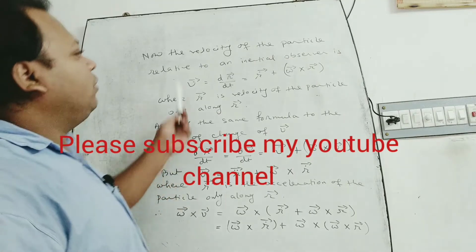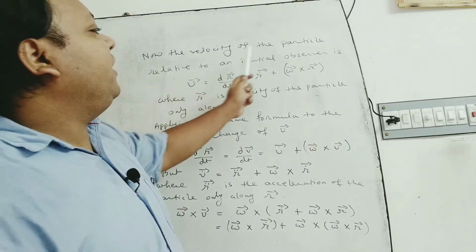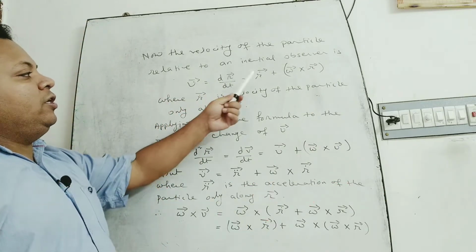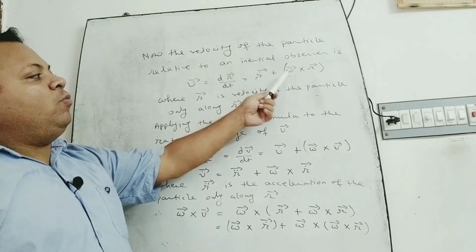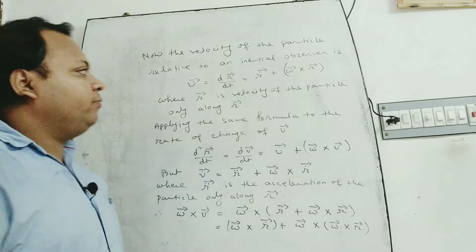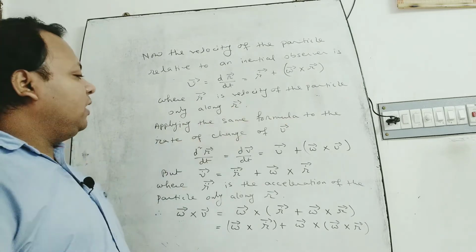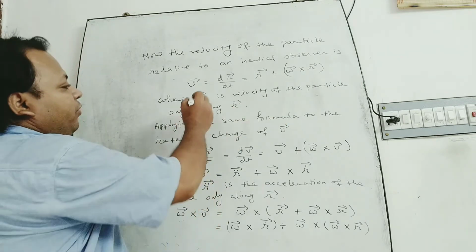Now, the velocity of the particle relative to an inertial observer is v vector equal to dr vector dt, which is equal to r dot vector plus omega vector cross r vector, where r dot vector is the velocity of the particle only along r vector.